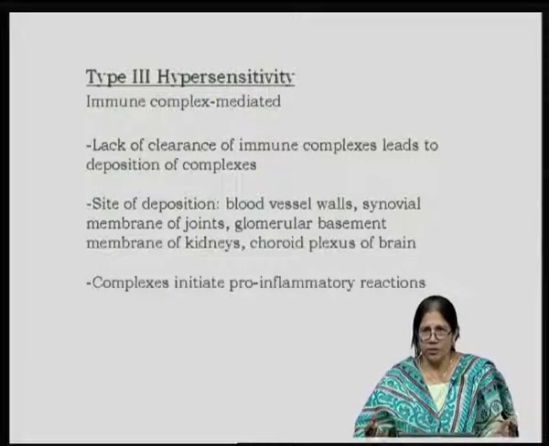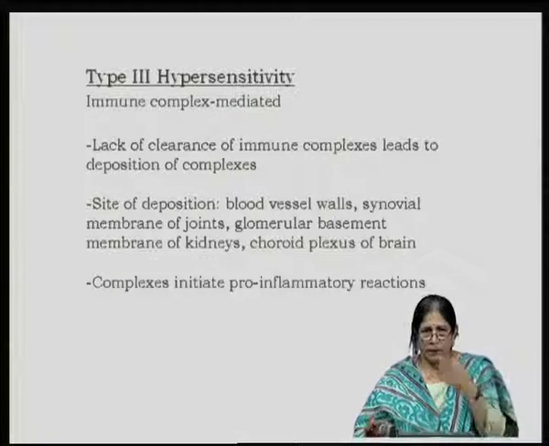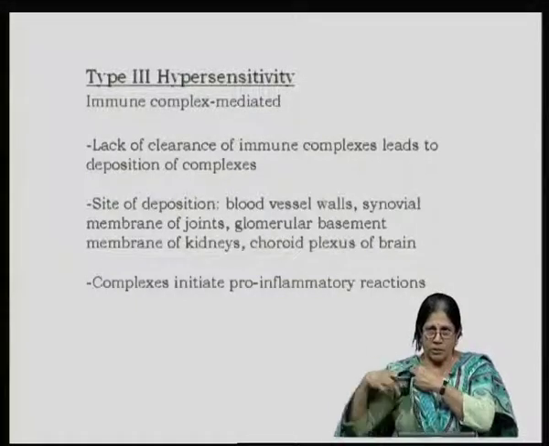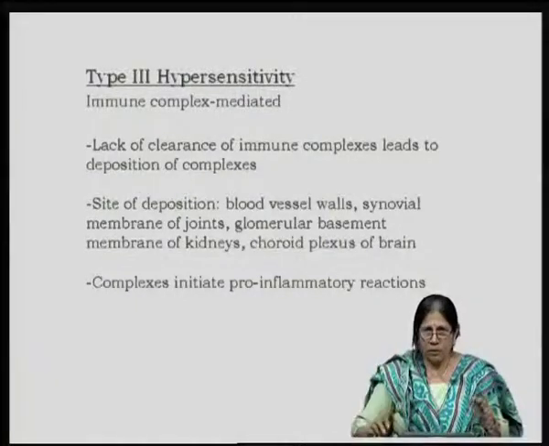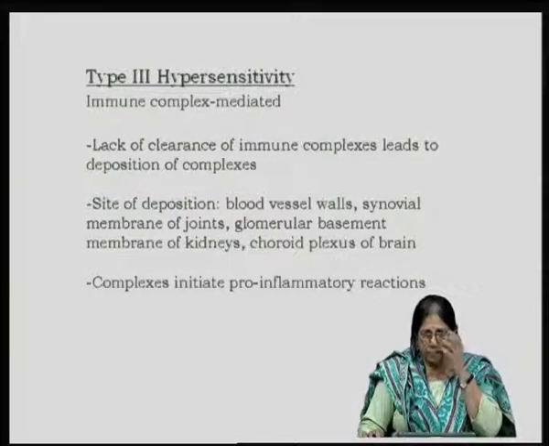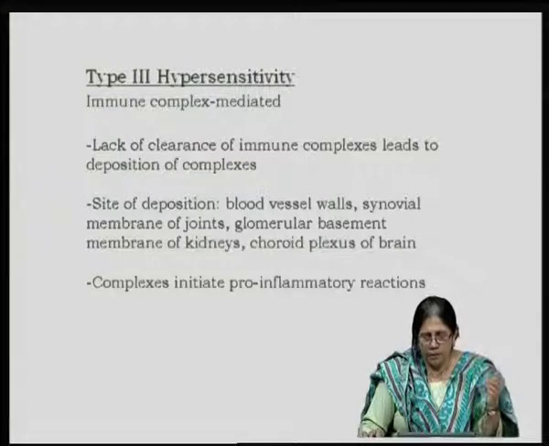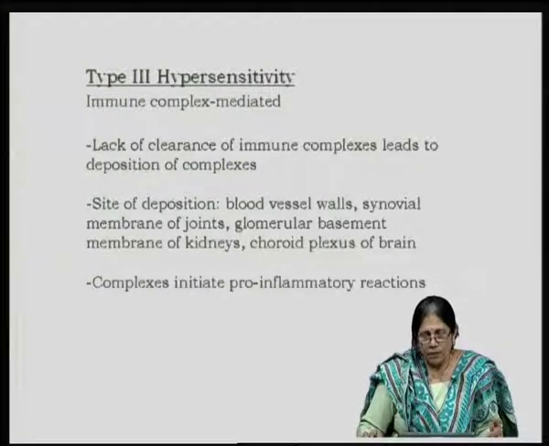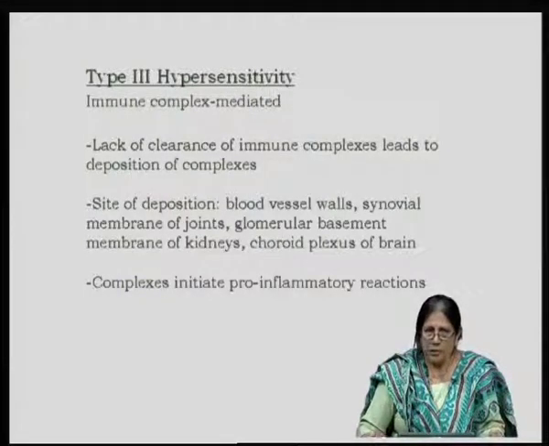Of course, these complement components are in circulation. The C1q gets bound to the Fc region, the second constant domain of IgG and third of IgM, and then you have the entire cascade which we have already discussed.